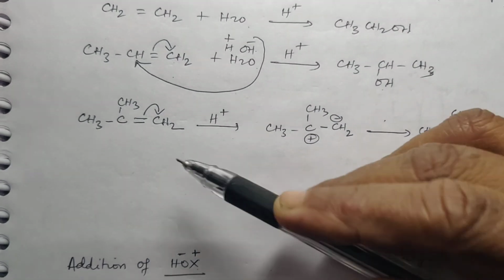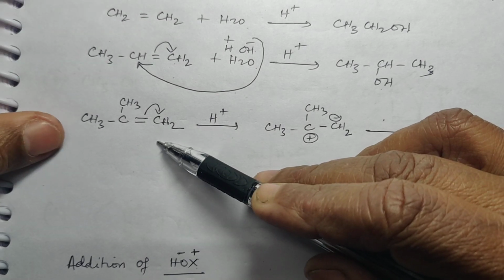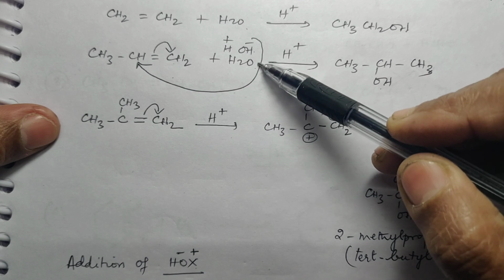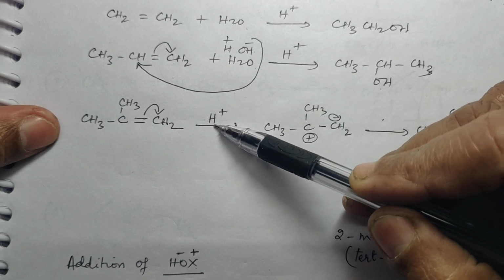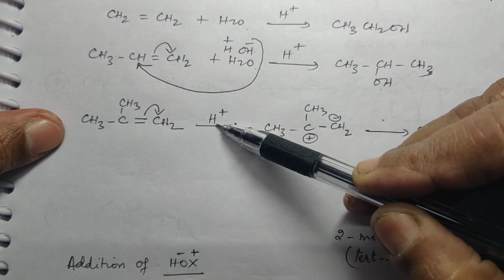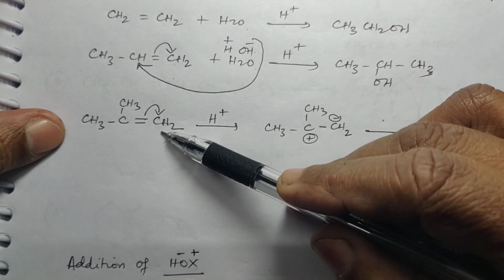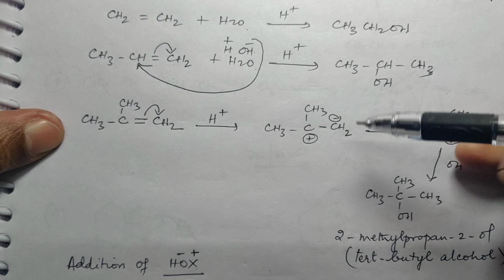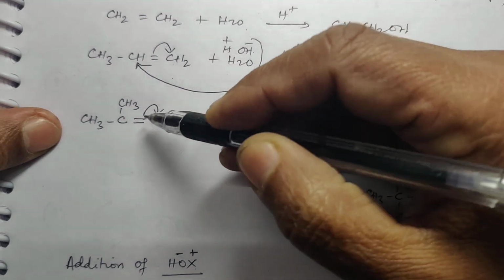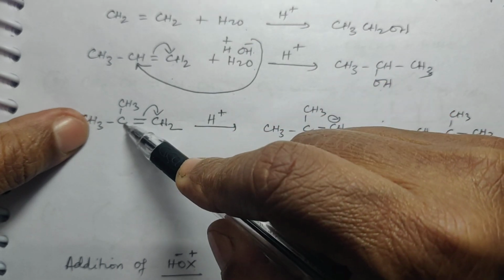Same way. Supposing this is the alkene. Initially H plus will be added. Whenever you add anything, the first step is the addition of electrophile. So H plus is the electrophile. So that will get added. How? This will become CH2 negative. So that will get added, and the CH2 minus will become CH3. So when this is shifting, a positive charge will come on the carbon.